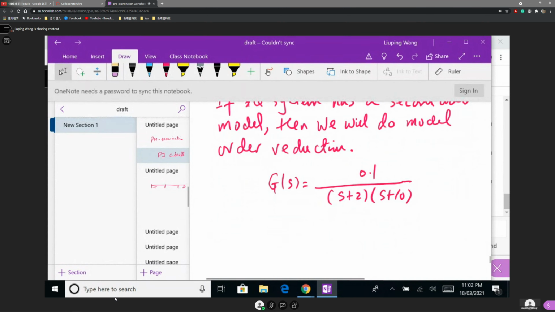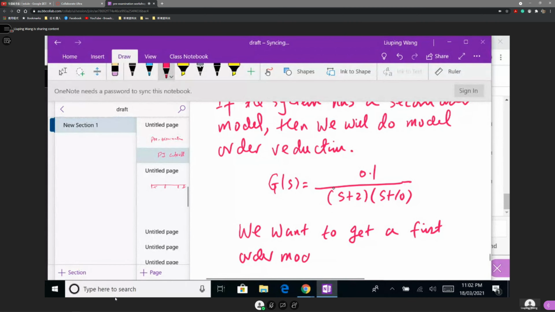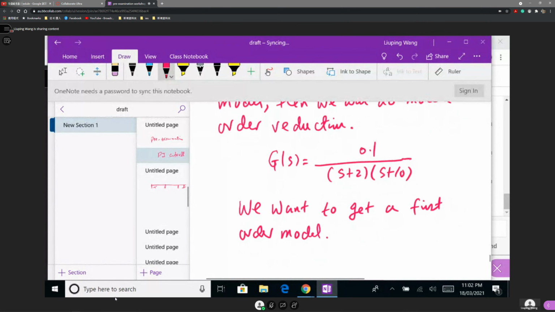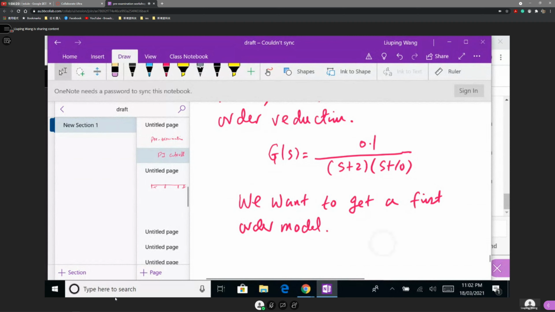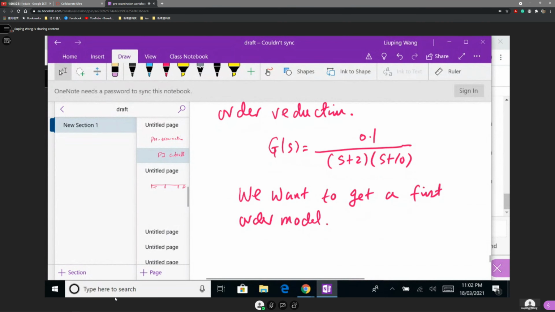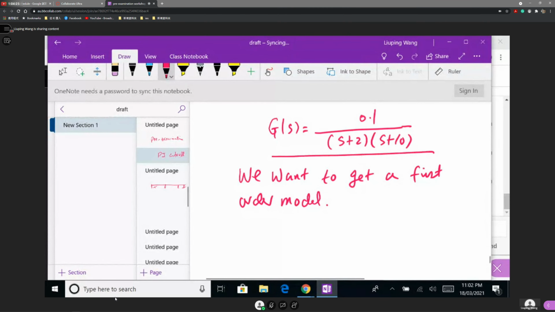Now, so this system, then I want to reduce this to a first order model. Yeah. So how am I going to do that? So the trick is, I'm going to write it in time constant form.